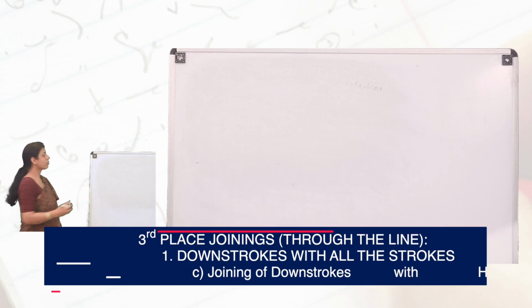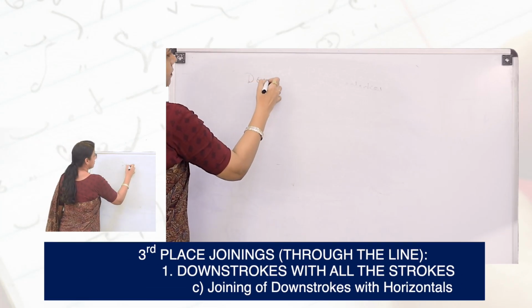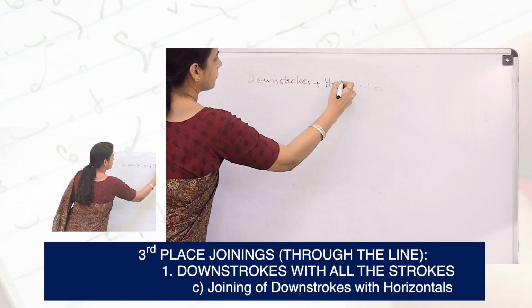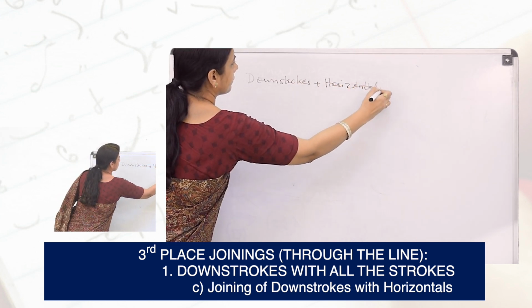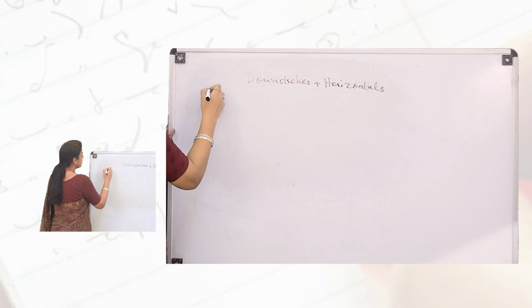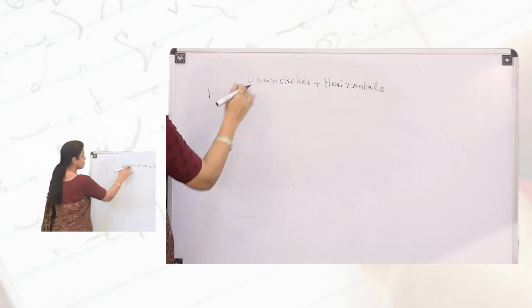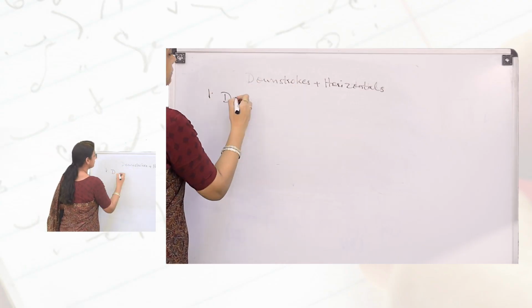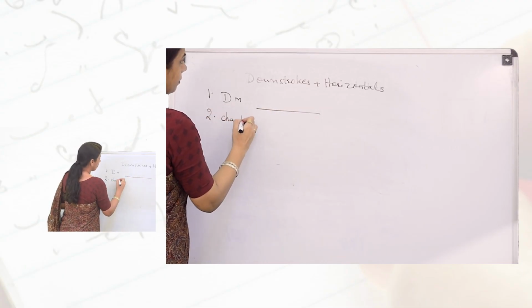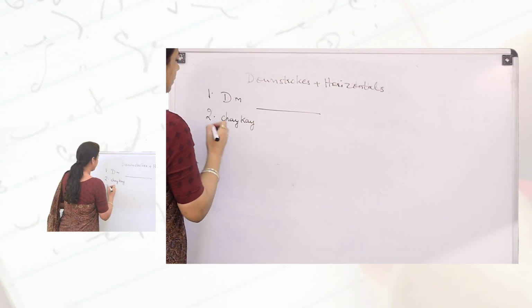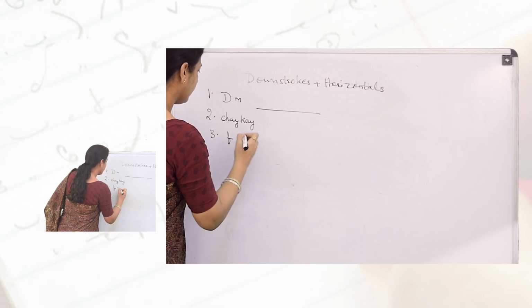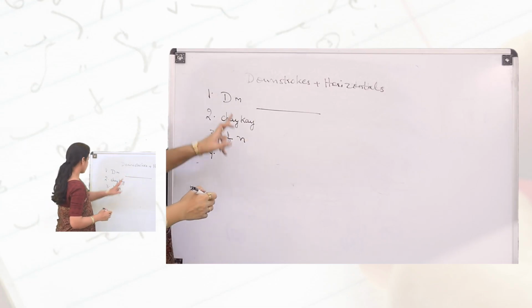Now next is downstrokes plus horizontals. First example, downstroke, D, M. Second, che, K. Downstroke is F, N. Downstroke again.